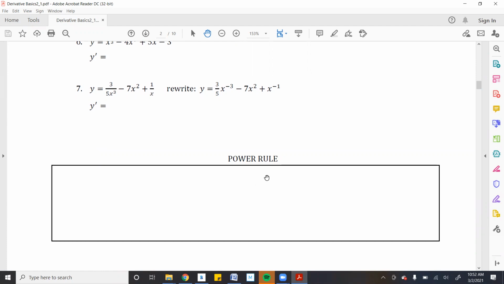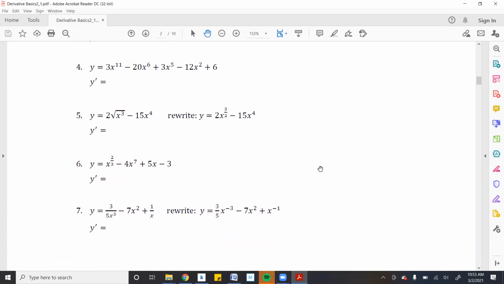The power rule is the pattern that we've been talking about. And so your task is to do this on your own, and then when we meet together in class, you will be sharing your results with your classmates. And then we'll go over the power rule together and finalize it.